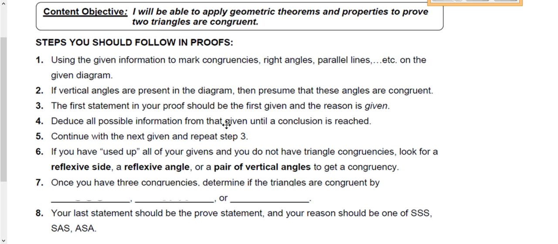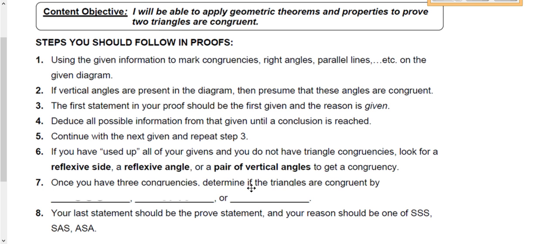Deduce all possible information from that given until a conclusion is reached. Continue with the next given and repeat step 3. If you have used up all the givens and you do not have triangle congruencies, look for reflexive side, reflexive angle, or vertical angles to get a congruency.